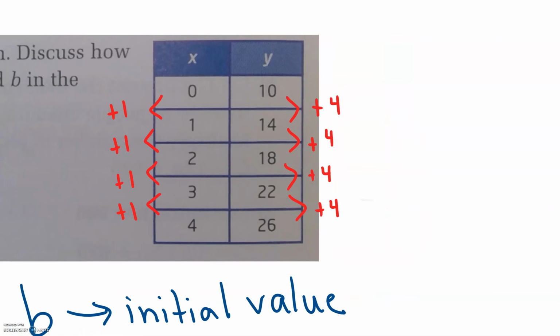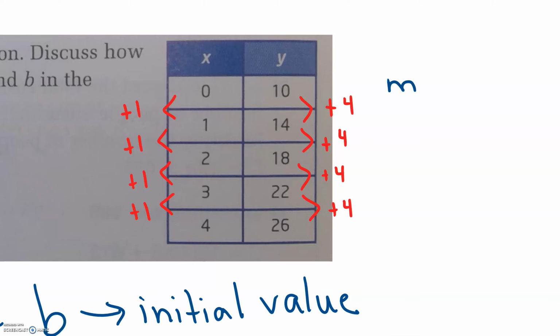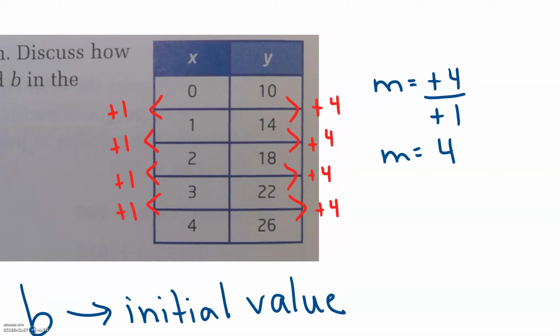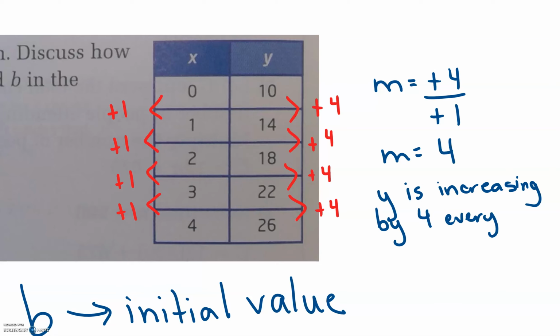So what you do to find the m is you take how much it's increasing for the y's. So you go +4, and you divide it by how much it's increasing for the x's. So that's how you find that number. You need to make sure that that number is something for every one something. So that means that y is increasing by 4 every time x increases by 1.